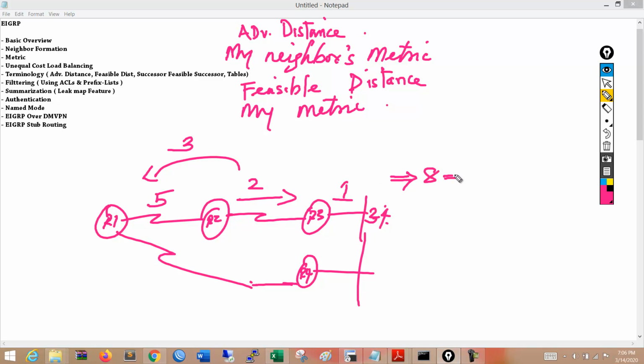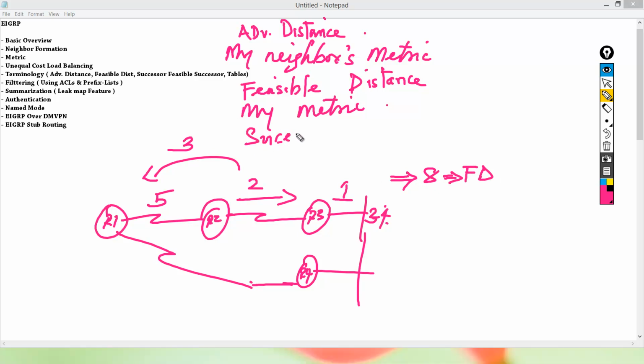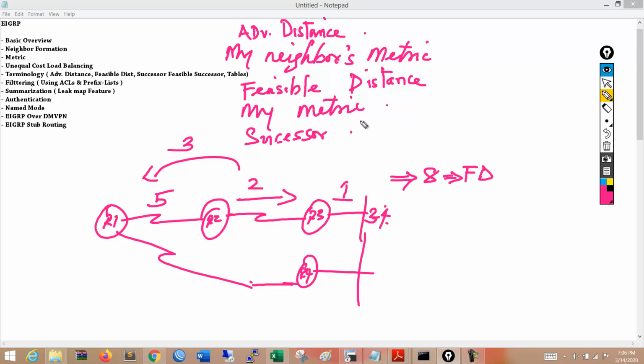That will be the feasible distance for R1. Okay? Talk about successor. A successor is simply the best route. It is the route that makes it to the routing table. That's the route that is always installed in the routing table.